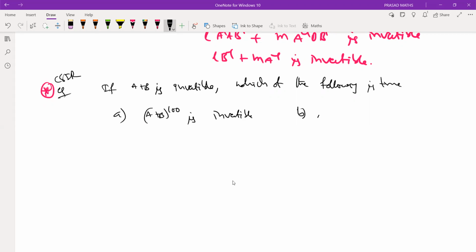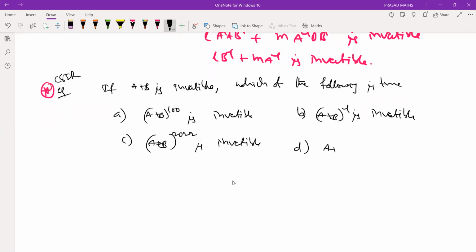Option B: A plus B whole inverse is invertible. Option C: A plus B whole power 2022 is invertible. Option D: A plus B whole power 101 is invertible. Which one is true? Second option, B only.